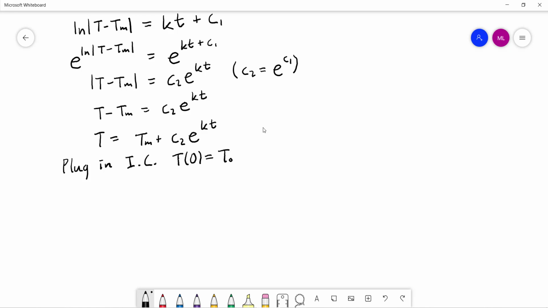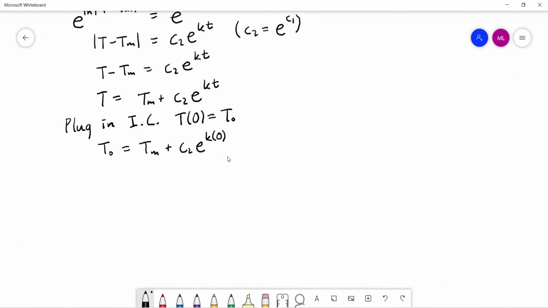If I plug that in, at time 0 on the left-hand side, I'll get t naught, and on the right-hand side, I'll get tm plus c2 e to the k times 0. But what is e to the k times 0? Well, k times 0 is just 0. E to that 0 is just going to be 1. And I just get t0 equals tm plus c2. So what does that mean that c2 must be? Well, all I need to do is subtract tm from both sides, and we'll get t0 minus tm.